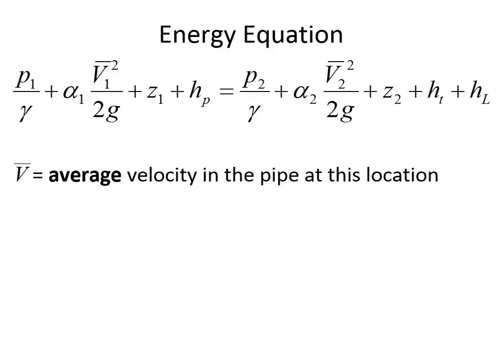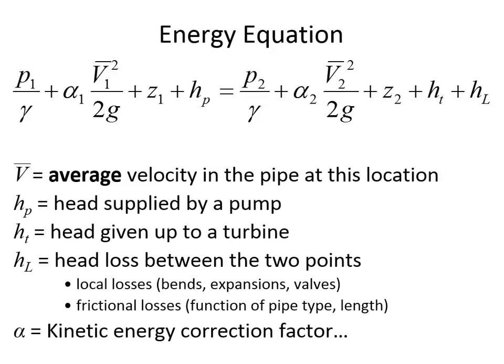So here it is, the energy equation again, along with each of the definitions. Head loss has two components. The local losses, which is what we'll be looking at in the lab in December. We'll be looking at bends in the pipe, sharp bends and gradual bends, and we'll see if one of them causes more head loss than the other.